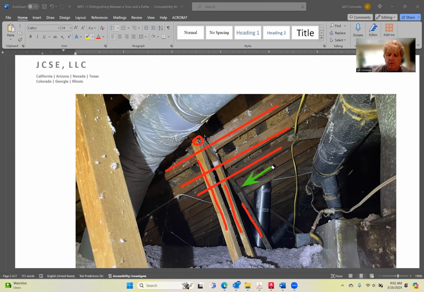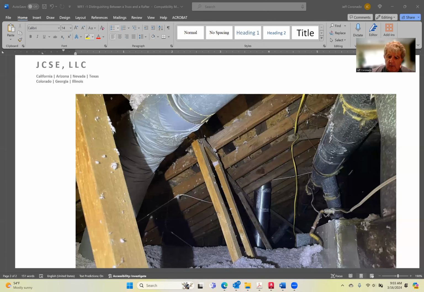So then the question is, if we don't have a conventional truss, do we at least have a tie, a rafter tie system? That gets a little bit harder to discern, but let me clear the screen here and let me show you something.